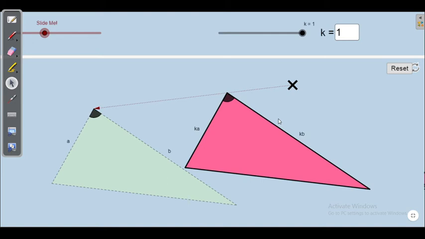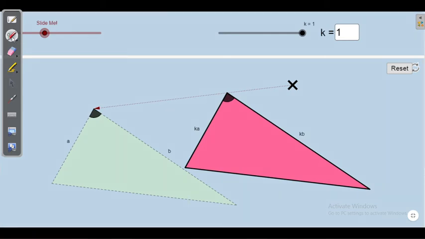What will be the measurement of that side? 1B or B, right? So KA becomes 1 into A, which is equal to A, and KB becomes 1 into B, which is equal to B. So now look, A, B, and this angle are the same. So that's why these triangles are congruent. We state this property generally as the SAS congruence rule.